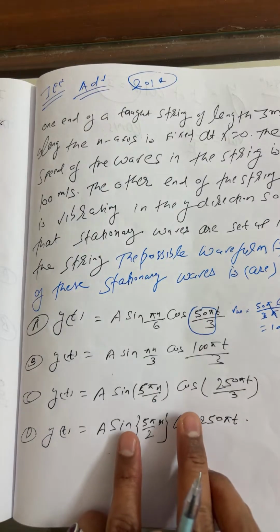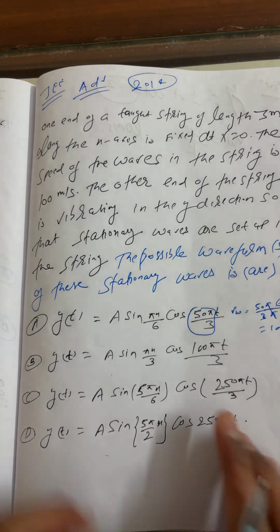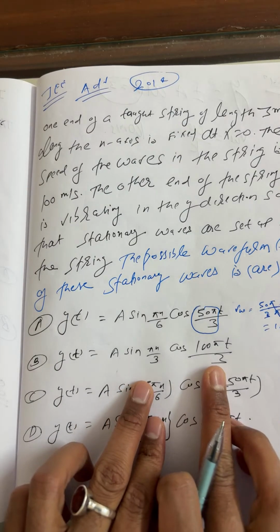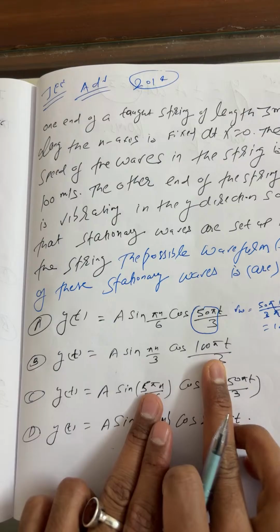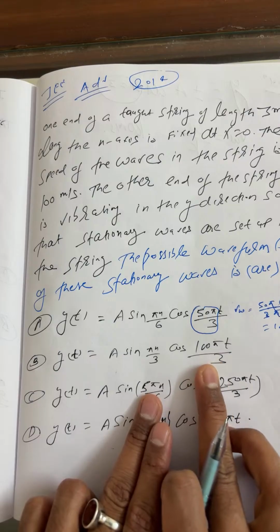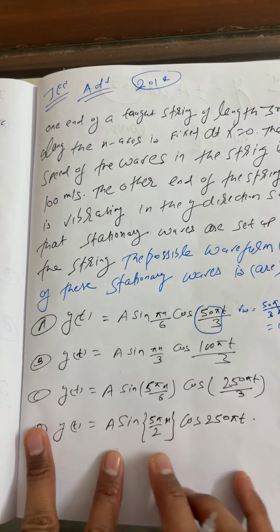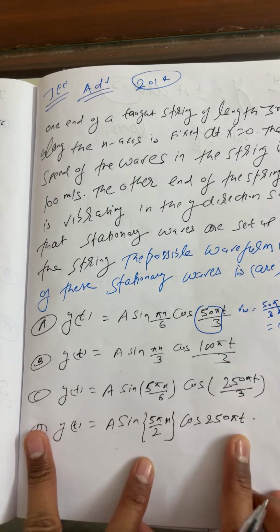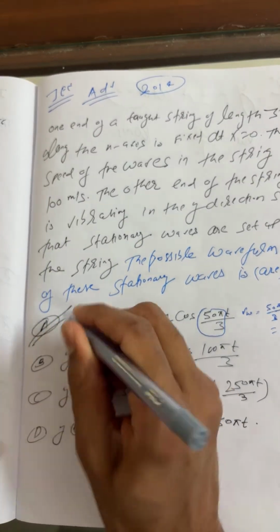But 100 is coming, no? Coefficient of t by 100 pi by 3, pi by 3. So the answer is correct: only A, C and D.